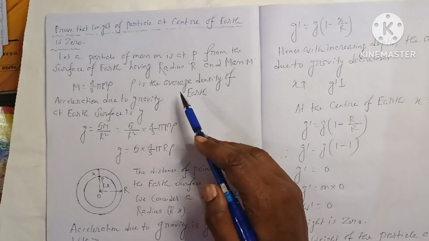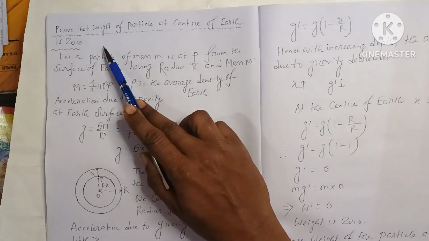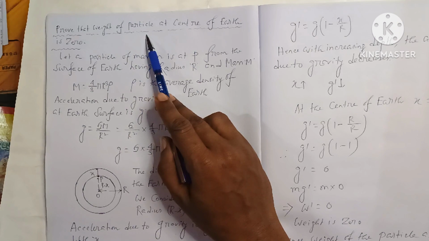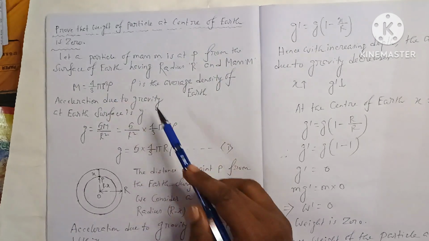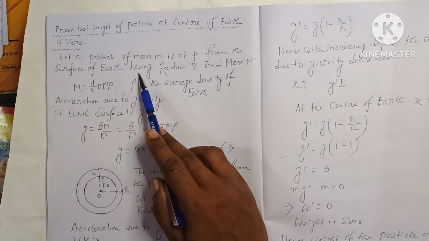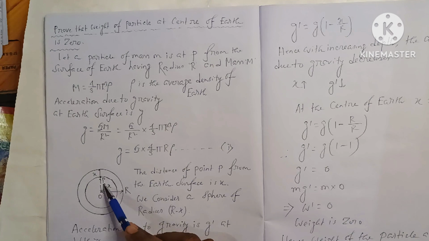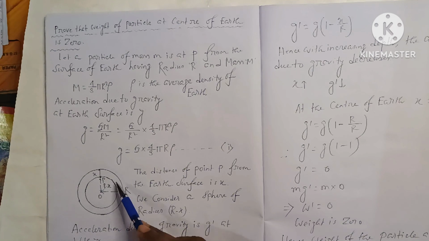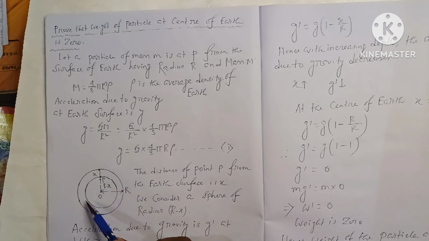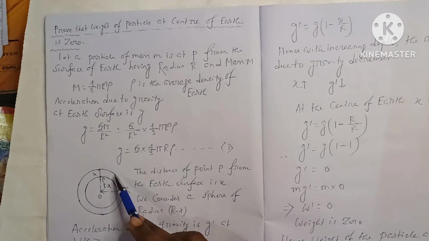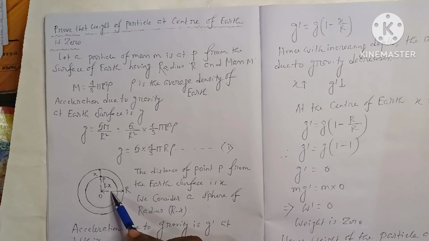Next question: prove that the weight of a particle at the center of the Earth is 0. Let a particle be at a depth x from the surface, and the total radius is r. We draw a sphere of radius r minus x.